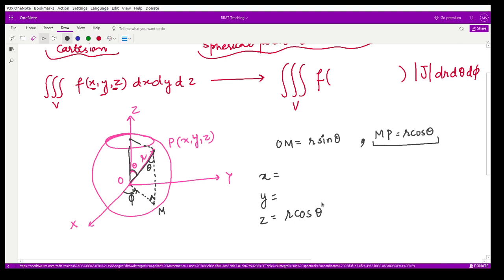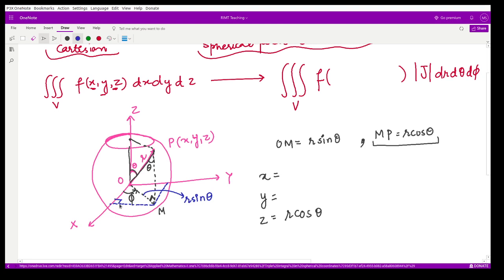And what is the value of x and y? For that we will consider another triangle. We can join this M onto both the x and y axes. When you join this to the y-axis, you will have something like this, and when you join this to the x-axis, you will have something like this. Now if this is your angle phi, and you already know this distance, this is r sine theta.